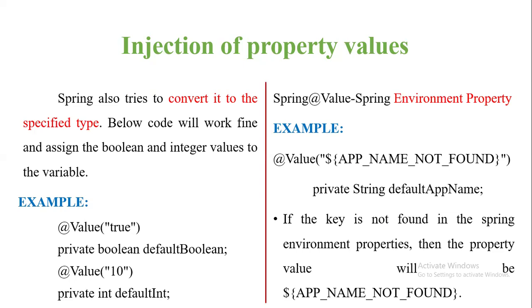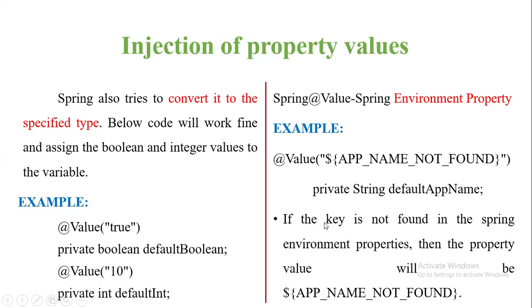Also, we already discussed that the Spring @Value annotation can use Spring environment properties. In this example, the @Value annotation holds the value dollar symbol, app.name not found, enclosed in braces. And we have declared a variable called defaultAppName, which is of type String. So the defaultAppName variable can hold the default value app name not found, which is in the format of the dollar symbol enclosed within braces.